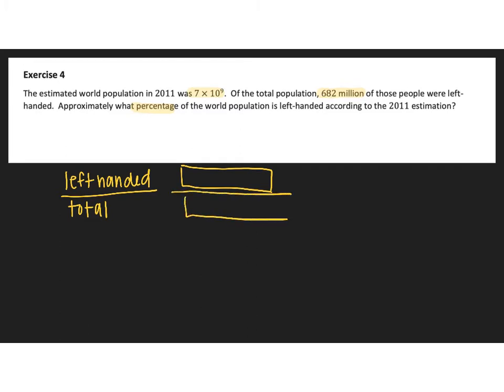Write that number on top, the number of left-handed people, and then on the bottom, write the total number of people in 2011. And what I want you to do is I want you to write both of these numbers in scientific notation. One of them is already given to you in scientific notation, the other is not. So take a minute to do that.